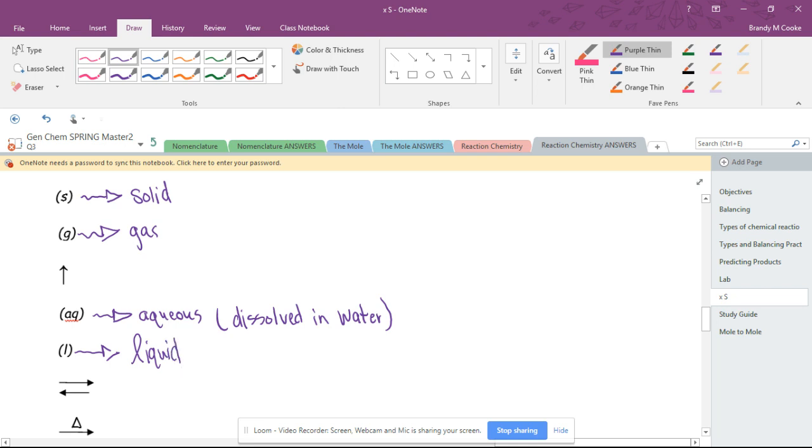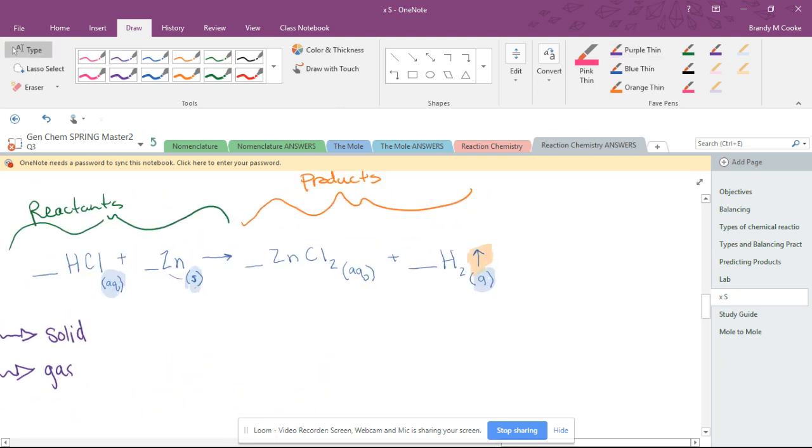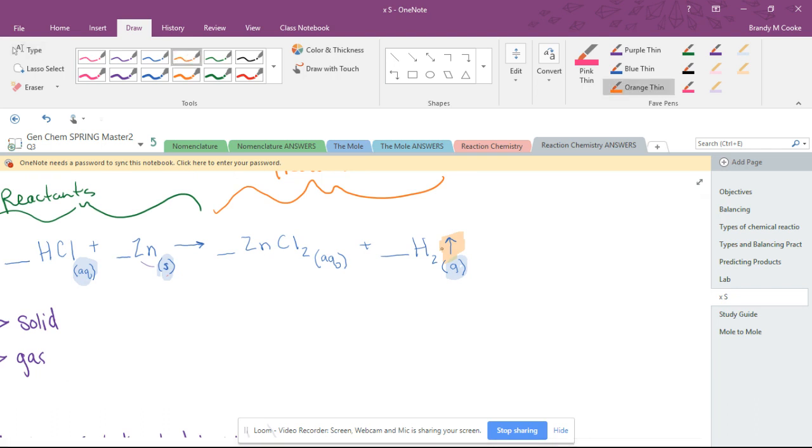All right, so I'm going to go back to this arrow here. Up on this side, this orange arrow, we know that hydrogen is a gas, obviously, since it has this G here. And if we had an open system, meaning if we did this reaction in real life, right in front of us, we would have this hydrogen gas produced. And what happens to a gas in an open system?